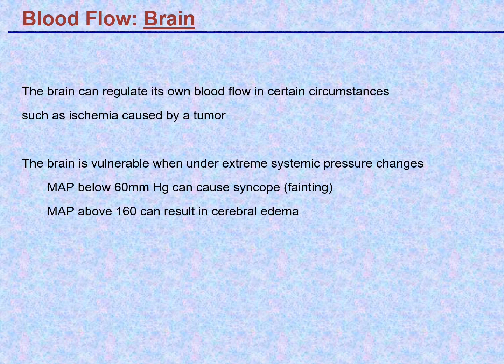The brain can, in fact, regulate its own blood flow in certain circumstances, such as ischemia caused by a tumor. As I said, the brain is inside a hard case, and if you have a tumor growing in there, then it will cause pressure that can't be relieved by the brain swelling outwards because of the hard case.